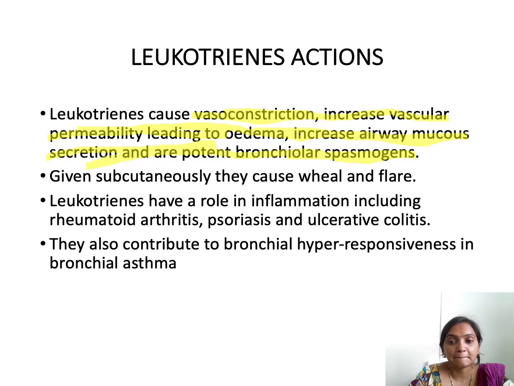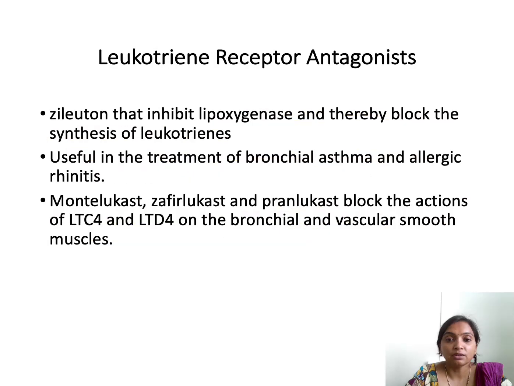When given subcutaneously, they can cause wheal and flare reactions. Hence they play a role in rheumatoid arthritis, psoriasis, and ulcerative colitis. They are one of the important contributors to asthma and hyperresponsiveness of the bronchial tree.